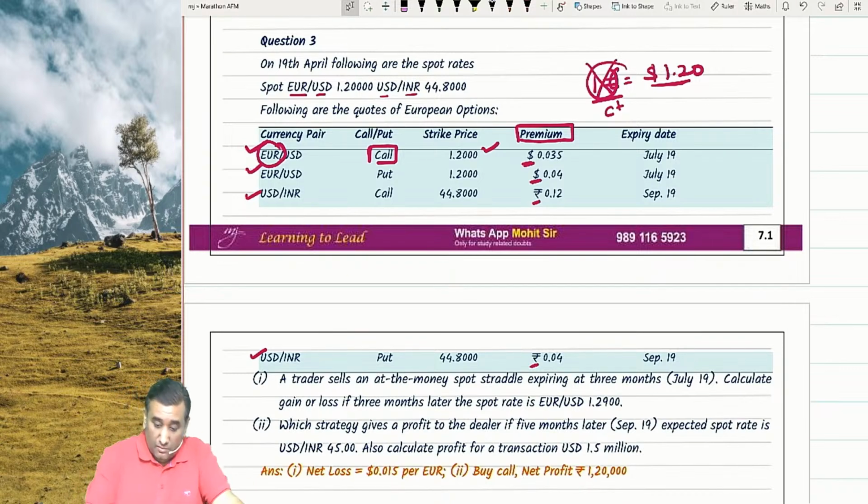It says on 19th April, following are the spot rates. Euro USD 1.2, USD INR 44.8.